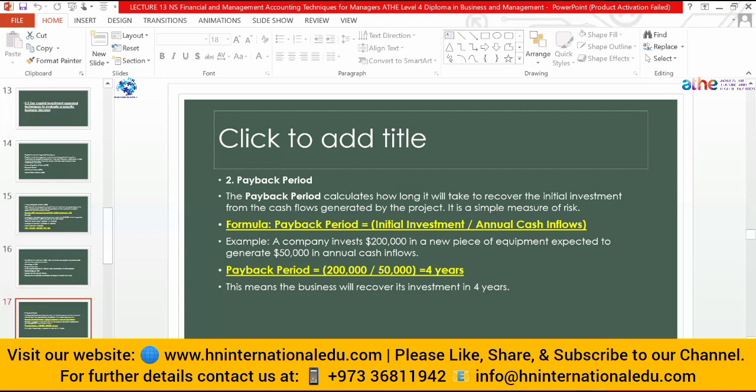Payback period. The payback period calculates how long it will take to recover the initial investment from the cash flow generated by the project. It is a simple measure of risk. Payback means the time, in months, weeks or years, in which we are going to recover the amount we have invested in the project. It's always a give and take purpose.